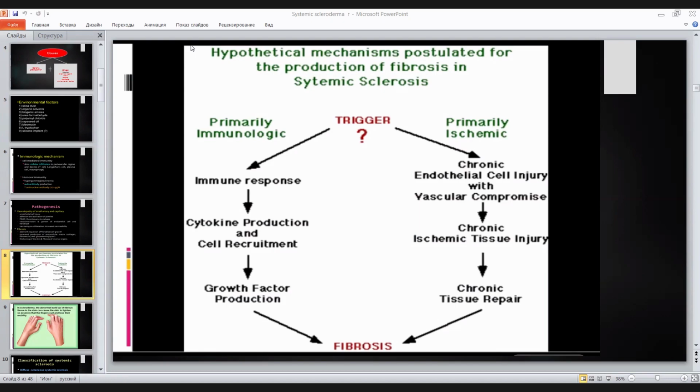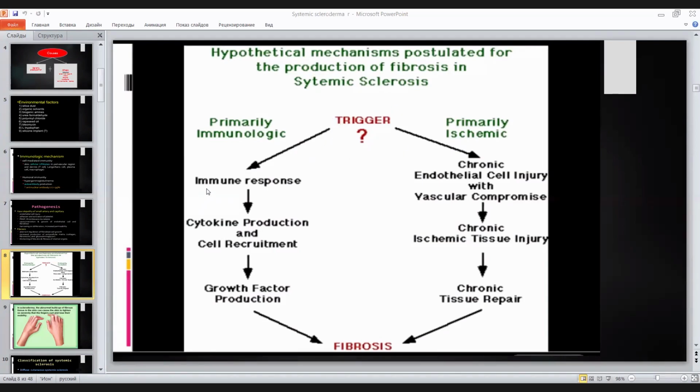Okay. They might be a two-way, and if they are primarily immunological, of course, immune cells are activated due to some trigger factors. Trigger factors might be different: internal, external, chemical agents, trauma, smoking, or activation of HLA gene.